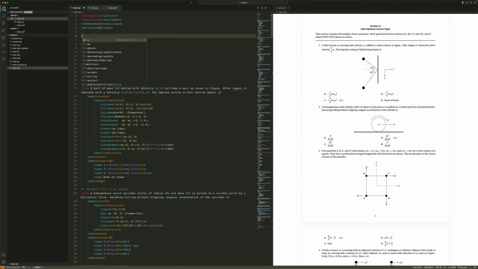So let's make a command, or we can define some. Let's define it first, then we can change anything. Let's say solution, and solution will accept one argument, and for right now this will just say quad.